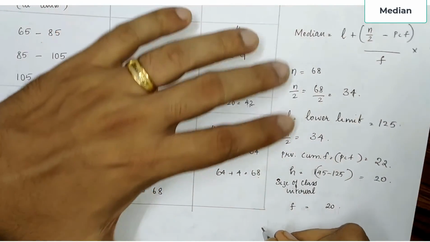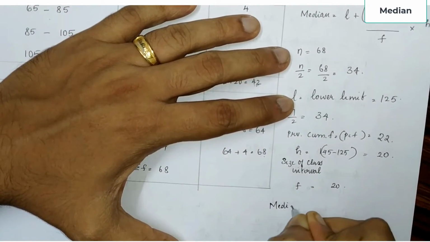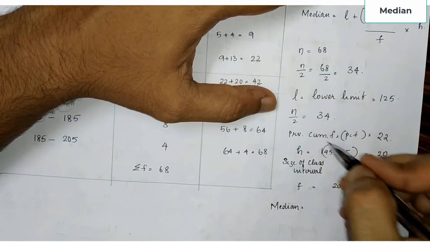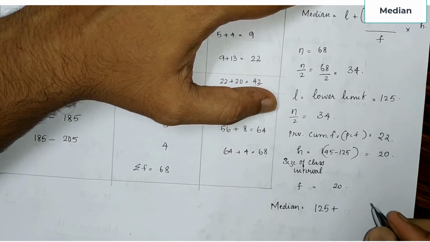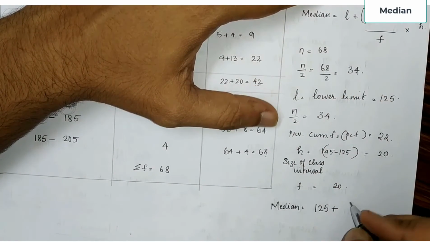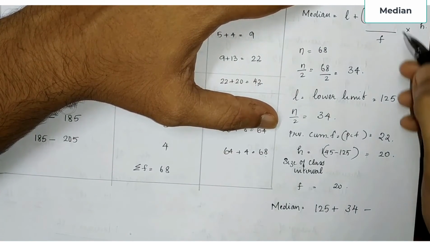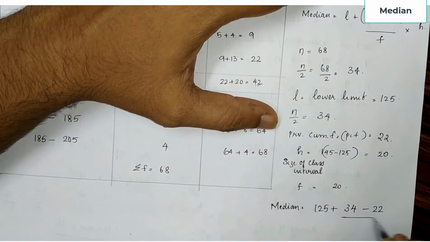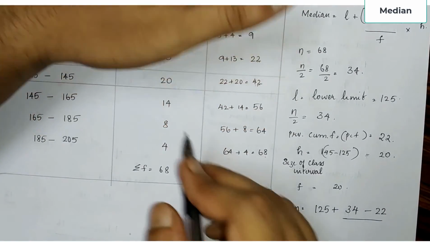Now apply this in the formula. So median is equal to L plus N by 2 minus previous cumulative frequency, whole divided by F into H. What is L? L is 125. N by 2 is 34. Previous cumulative frequency is 22. F is the frequency, that is 20.